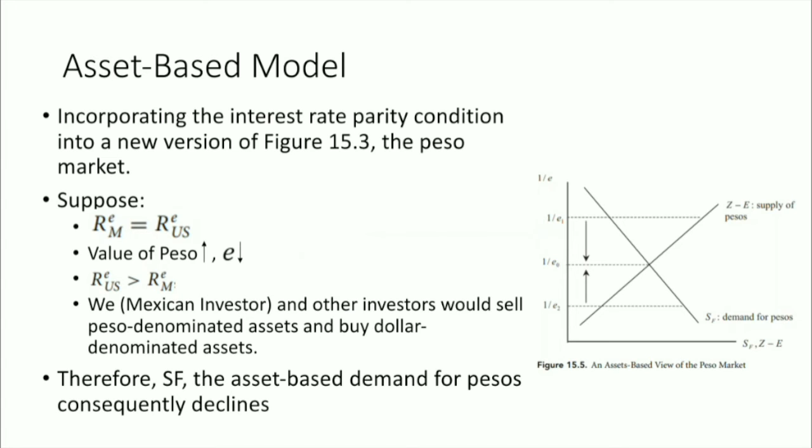If this happens, as Mexican investors along with other investors, we would sell the peso denominated assets and buy the dollar ones. Because of this, the asset based demand for pesos consequently declines. As you can see on the right hand side, we have the curve, and the demand for pesos declines.